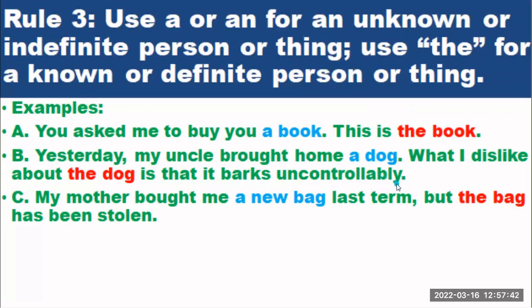You see? So at the first mention of an item, a person or thing, then you use the indefinite article to refer to it in general, something that is unknown. But having known it, you can now use the definite article.